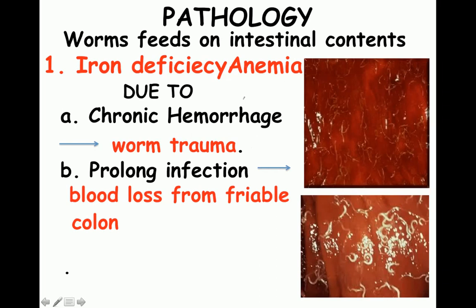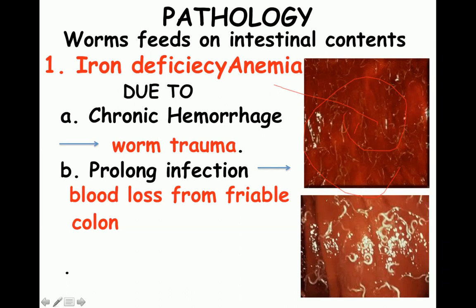Now, iron deficiency anemia in this case is because this parasite is going to embed itself in the lumen of the large intestines. Now, when it embeds itself, there is going to be some hemorrhage of that area, and depending on the load of this parasite, as you can see over here in this slide, the number of parasites sitting here in the lumen, there's a lot of blood loss, and this blood loss is going to result in a condition which is known as iron deficiency anemia.